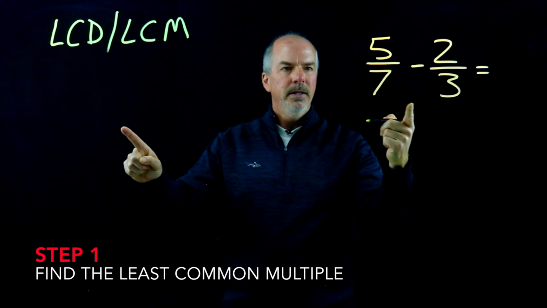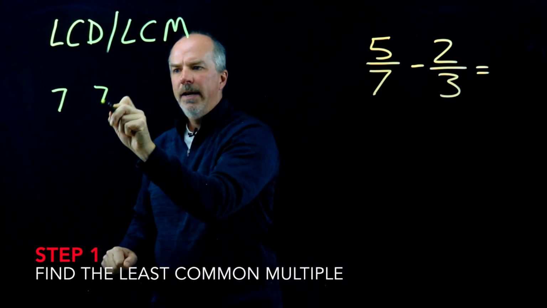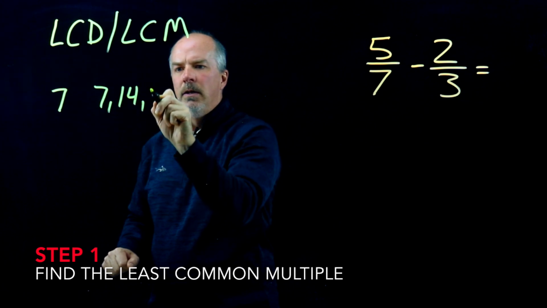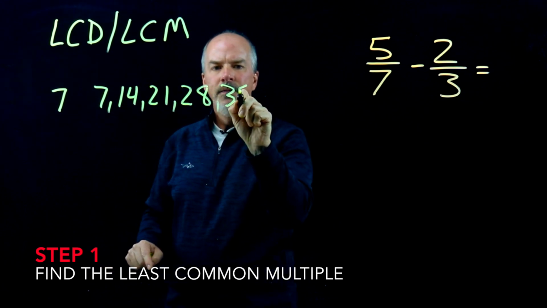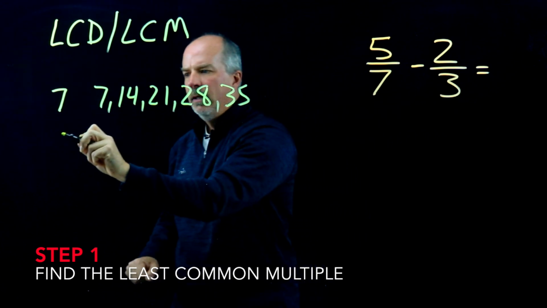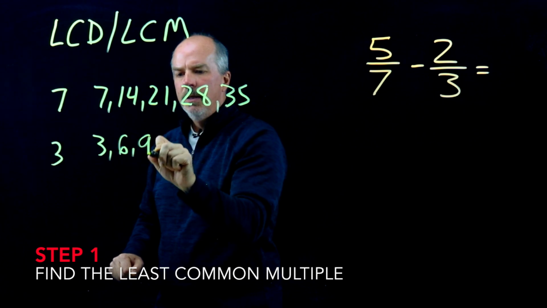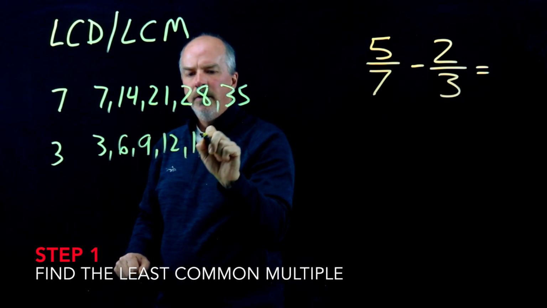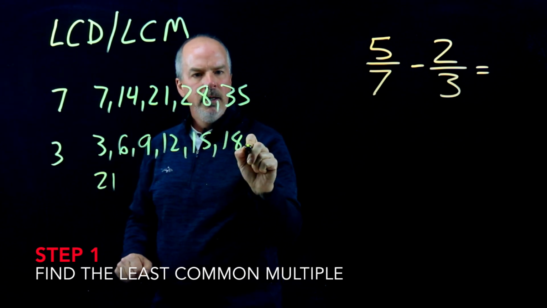So I'm going to list out the multiples of 7. The multiples of 7 are 7, 14, 21, 28, 35. Multiples of 3: 3, 6, 9, 12, 15, 18, 21.